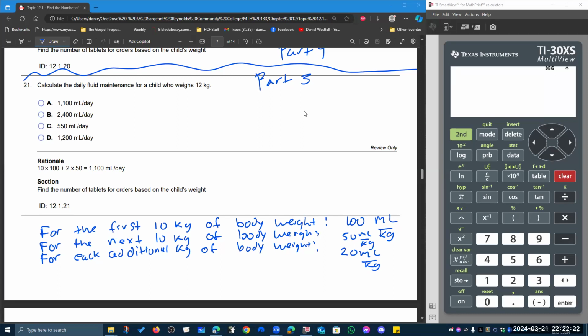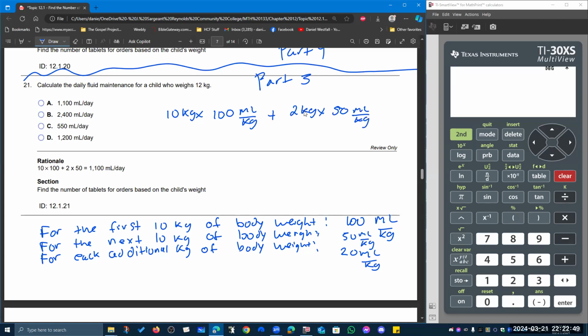The child is 12 kilograms. So for the first 10 kilograms, we would have 100 milliliters per kilogram, plus now there's an additional 2 kilograms times 50 milliliters per kilogram.